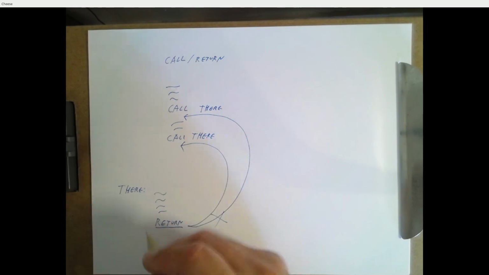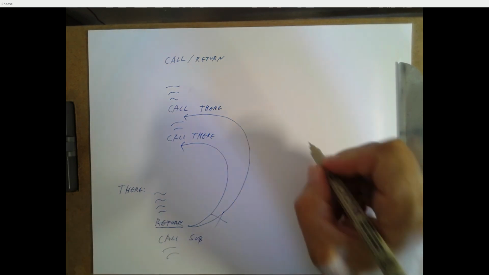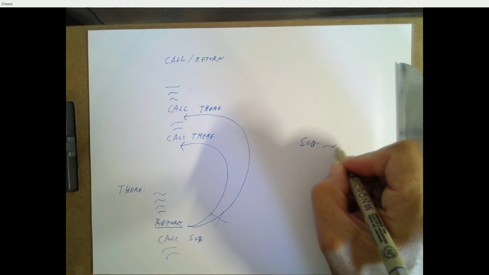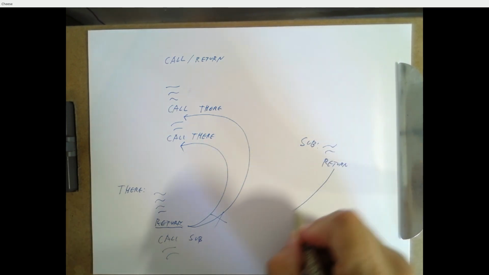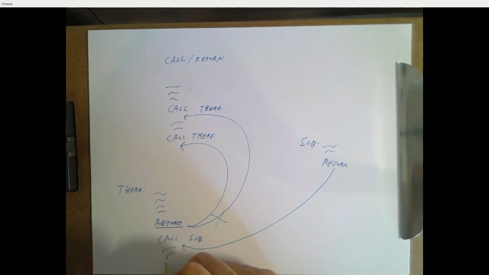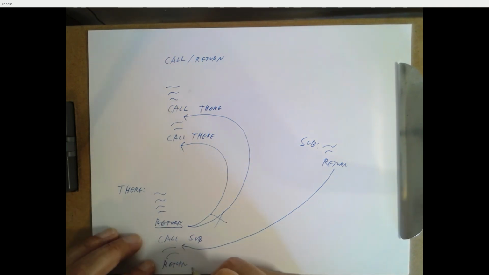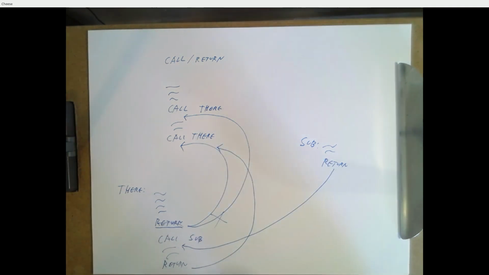For example, this might call there, and somewhere inside here we might say call some subroutine, and over here is a subroutine, and when this says return, it needs to know that it has to come back here, but then when this says return, it has to know that it needs to come back, say here.